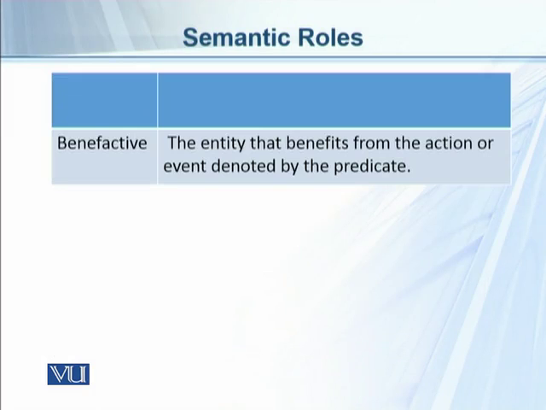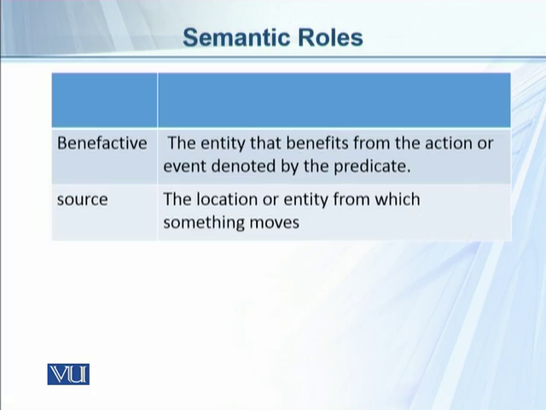Benefactive, the entity that benefits from the action or event, denoted by the predicate. So this is the benefactive that benefits from the action, that receives some kind of support from the action that is being said by the verb. Source, the location or entity from which something moves.